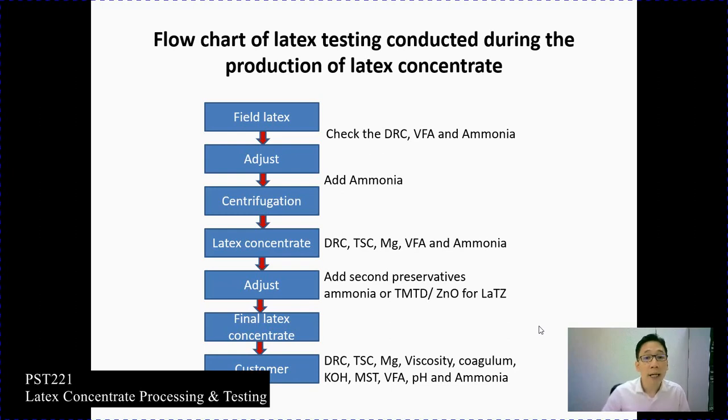And then as you have the final latex concentrate, you can transport or ship it to the customer, and again when the customer receives it, they will measure the DRC, TSC, magnesium, viscosity, coagulum, KOH, MST, VFA, pH, and ammonia. All these 10 tests should be conducted when they receive the latex, so that they can cross-check with the data that you provided earlier.